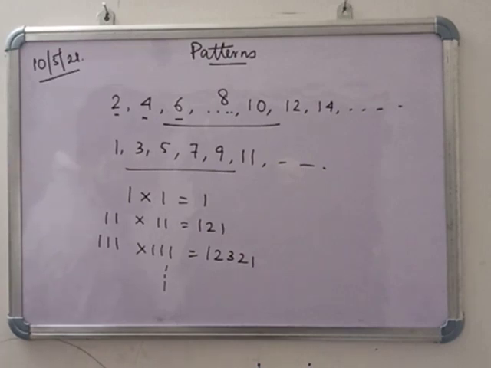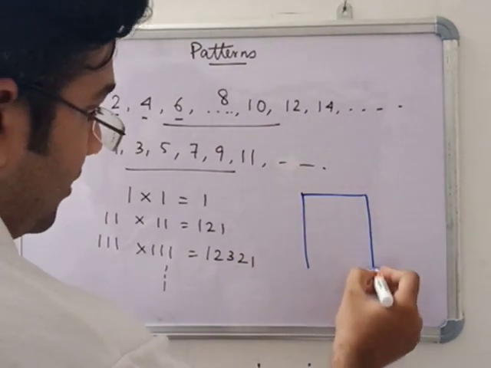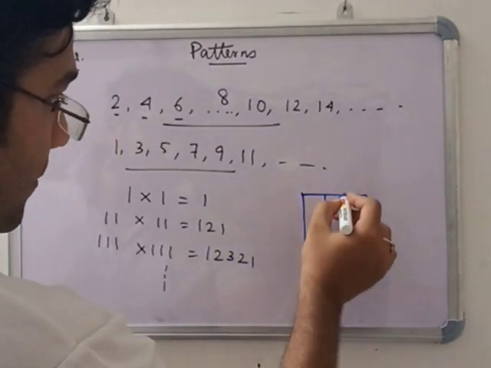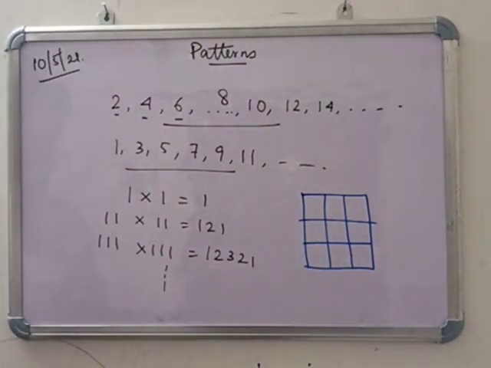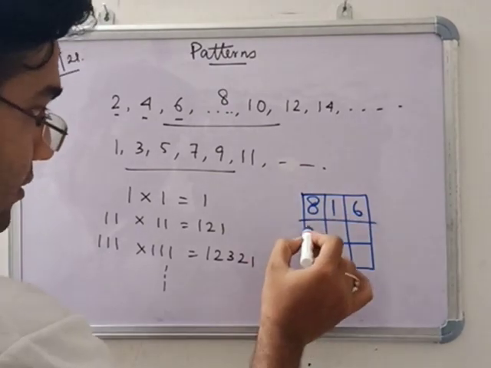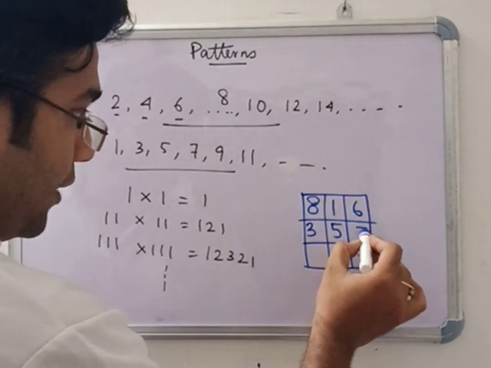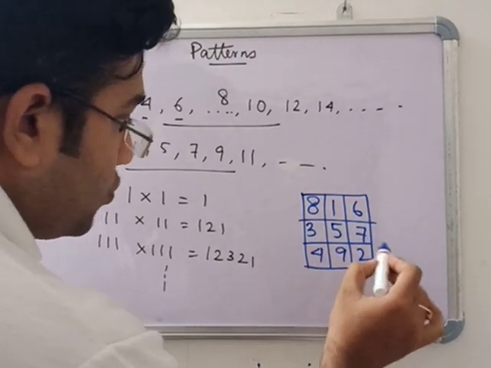Now, for example, see that this is a 9 box. Now, if we write 8, 1, 6, 3, 5, 7, 4, 9, 2.